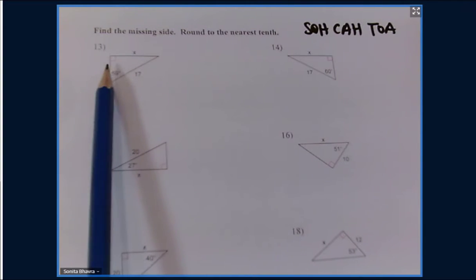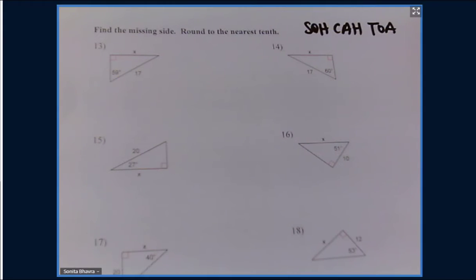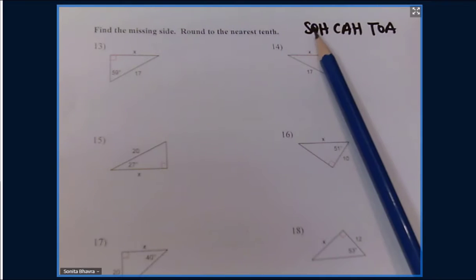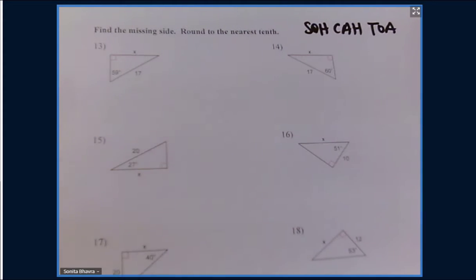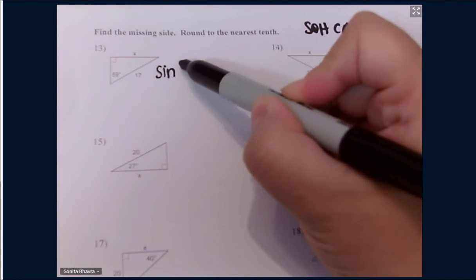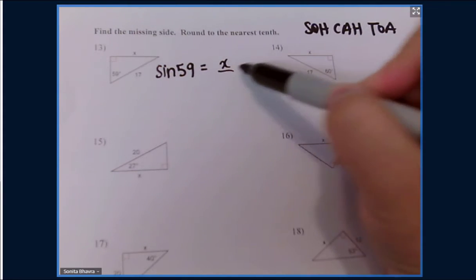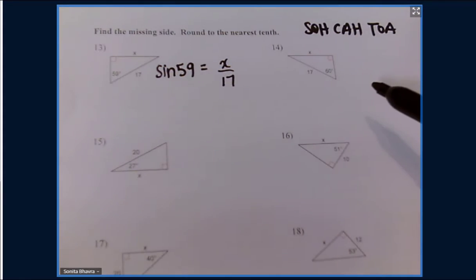All right, you can always find your hypotenuse. It's right across from the right angle. So in this case, because we're using opposite and hypotenuse is our sine ratio. So you're going to set it up as sine of 59 is equal to opposite, which is x, over 17.